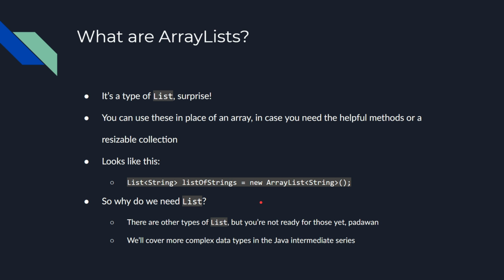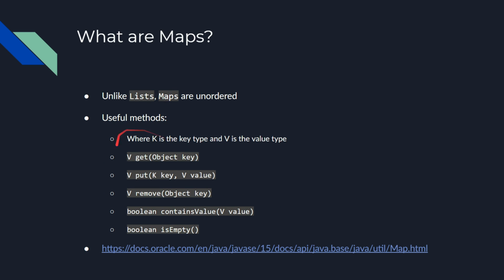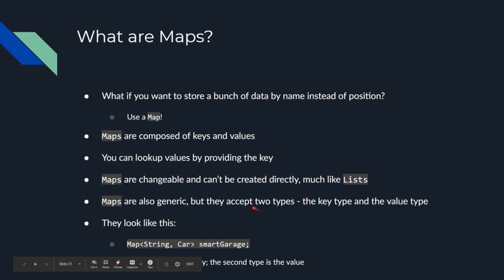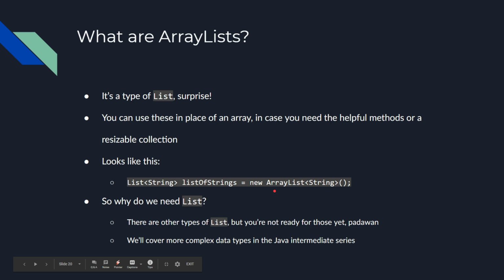We're going to cover the different kinds of lists in our intermediate series, which will be after we finish the beginner series. So an array list is really just a really fancy array. Okay, and it has all of these methods that a list has, because it inherits from list. Any questions?